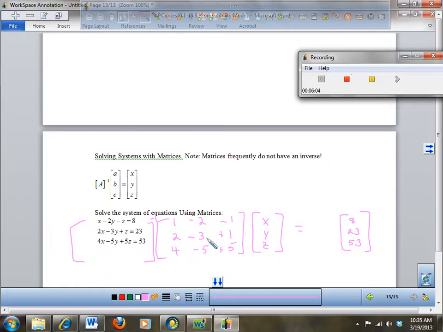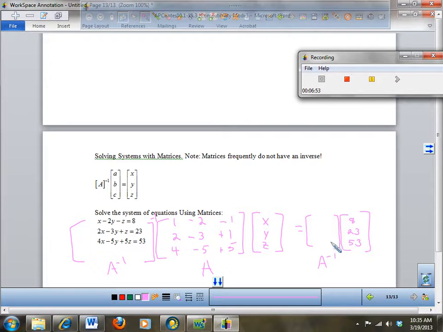If you multiply this times this, you get 1. And if you multiply that side by the inverse matrix, you have to multiply the other side by the inverse as well. If I call this matrix A, and this is A inverse, then I have to multiply that side by A inverse too.